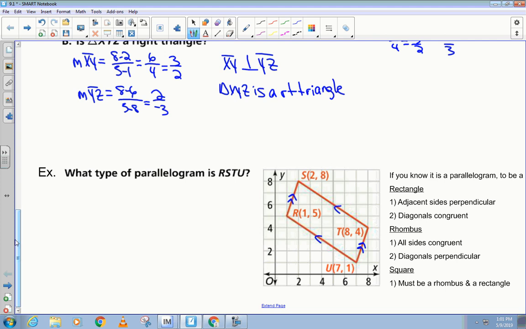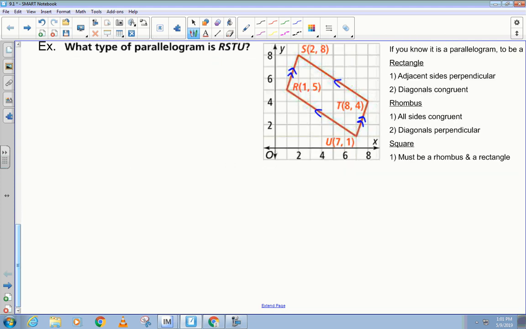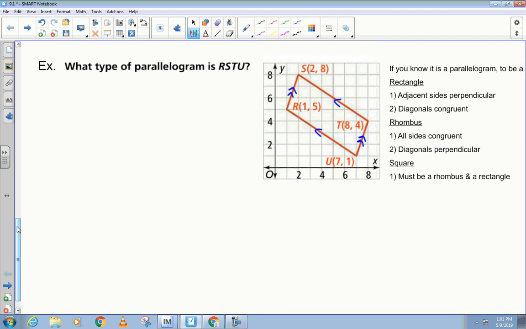All right. So we want to first of all see if it is a rectangle. Do we want to look at the slopes of the sides, or the length of the diagonals? Slopes of the sides? Okay. So we'll use SR and ST. We'll look at the slope of SR, the difference in the Y's over the difference in the X's.